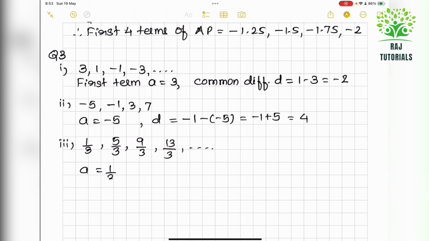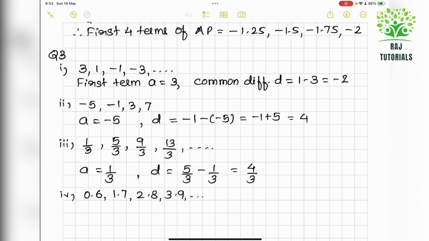So, A is 1 by 3, D is 5 by 3 minus 1 by 3, so that is 4 by 3. Fourth, 0.6, 1.7, 2.8, 3.9. See, here I am already given that the terms are in AP. Since I am directly finding, because we know in AP the difference is same, A equal to 0.6, D will be 1.7 minus 0.6, so 1.1.